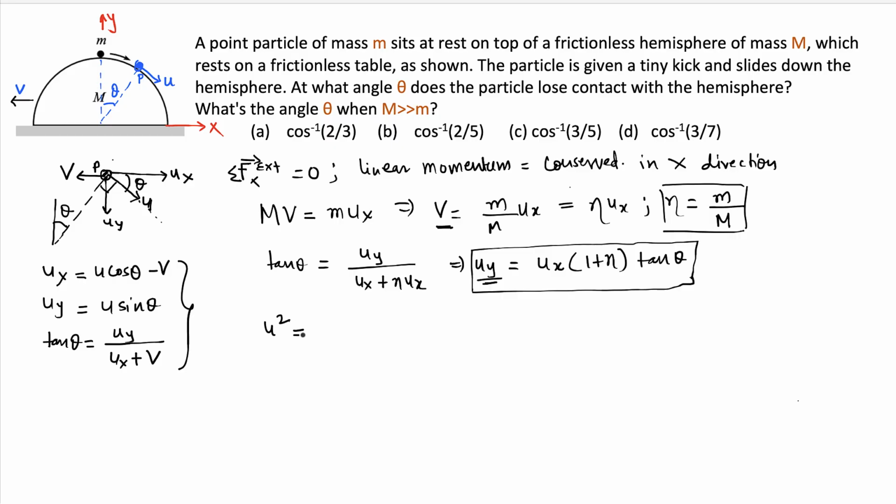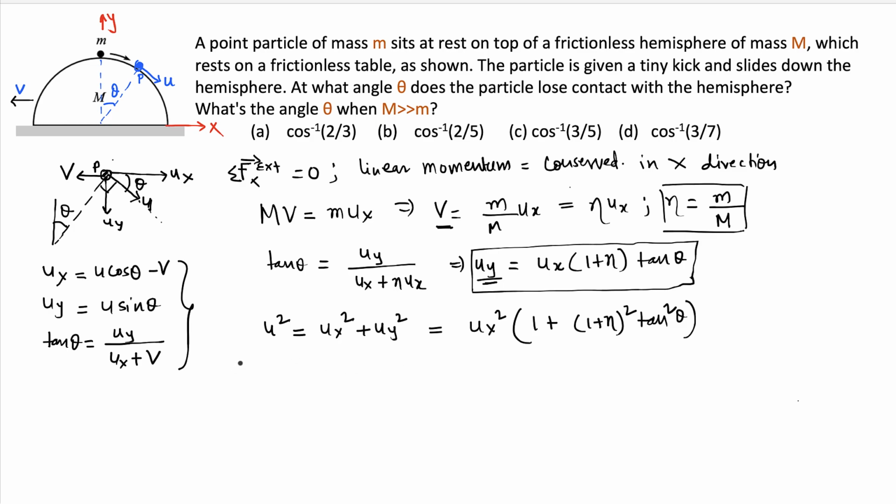Then u is nothing but the vector sum of ux and uy. So ux square plus uy square, okay, which is nothing but ux square, if we take common, 1 plus a whole square, (1 plus eta) tan square theta. Okay, so this is the u square.